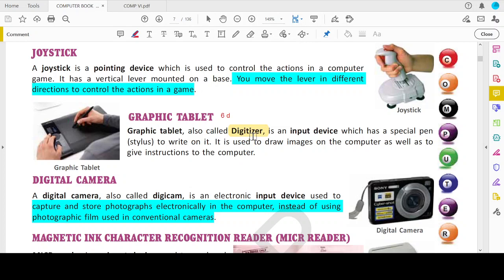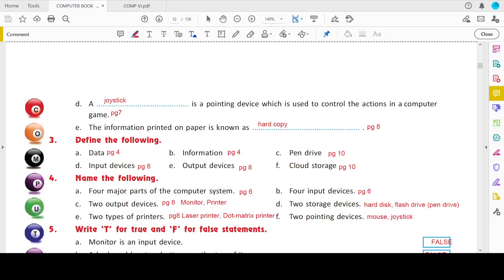It will be a born digital document that we will get from a graphic tablet. So it is called a digitizer. We generate born digital documents from a graphic tablet. Whatever you are drawing is on a digital canvas.